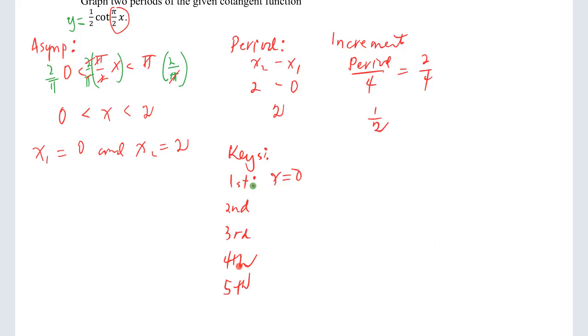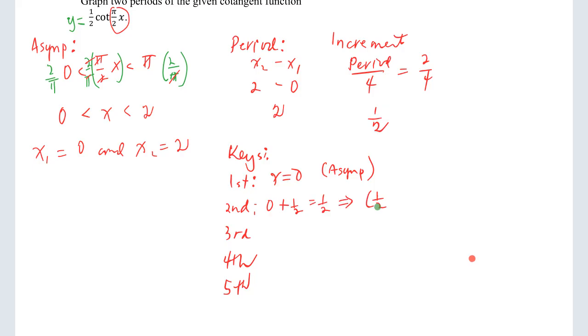The second, third, and fourth are the points between the two asymptotes. Remember, this is an asymptote, that is why I have written it as x equals 0. Next is the first point: 0 plus the increment 1 half, so therefore the point here is at 1 half.